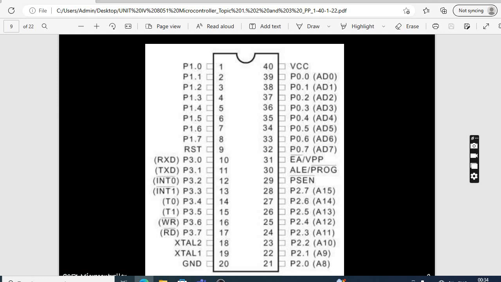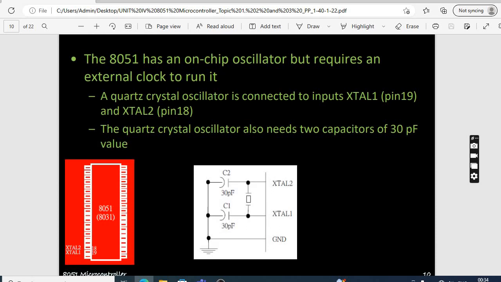Pin number 20 is ground, pin number 40 is VCC, and apart from that we have certain control pins like EA bar, VPP, PSEN bar, and we will see each and every pin in detail in the coming slides.